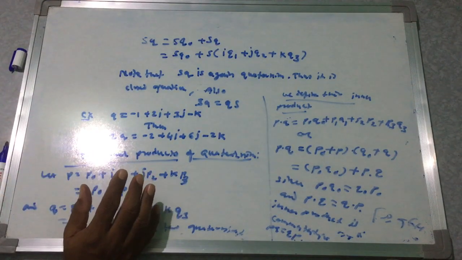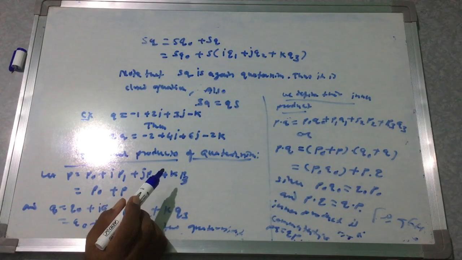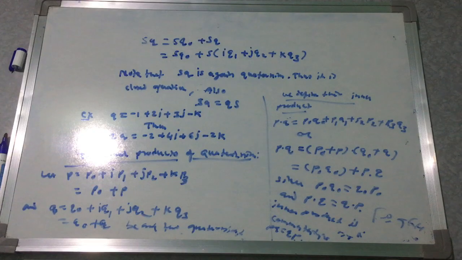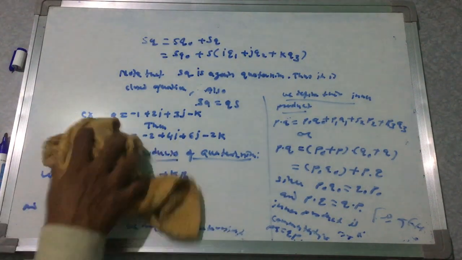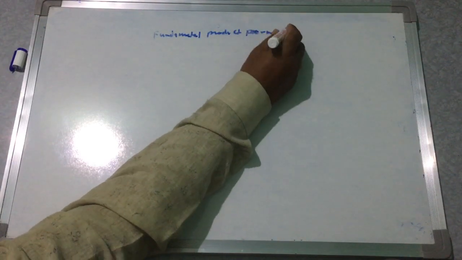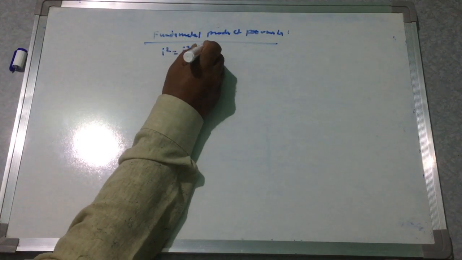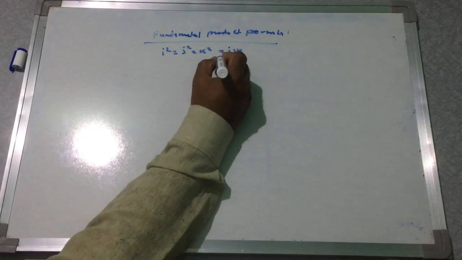So the fundamental product formula: I square is equal to J square is equal to K square is equal to IJK is equal to -1. So we have to prove this.